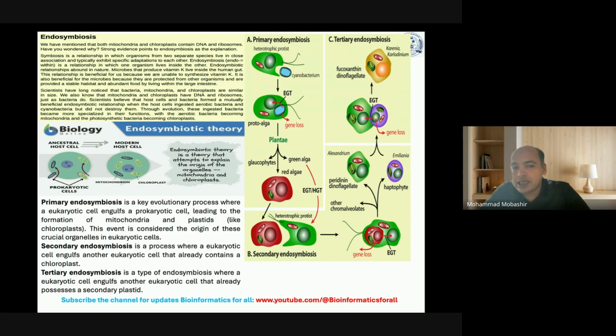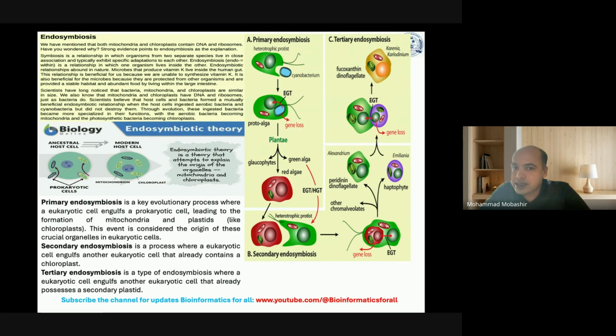Then secondary endosymbiosis is a process where a eukaryotic cell engulfs another eukaryotic cell that already contains a chloroplast. So here you can see secondary endosymbiosis. This was primary endosymbiosis, where you can see clearly how the engulfing process is taking place. And then there is something called gene loss.